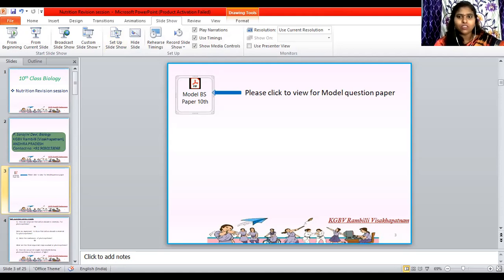See this one. In the first section, half mark questions are given: 12 into half is 6, I mean questions 1 to 12 are half mark questions. In the next section, questions 13 to 20 are the 1 mark questions; 8 ones are 8.